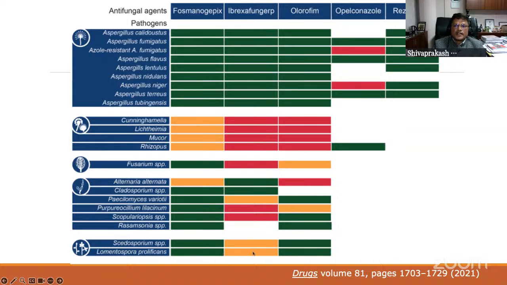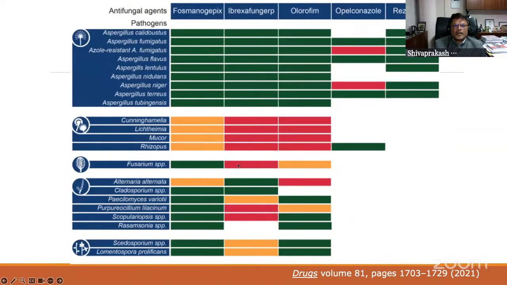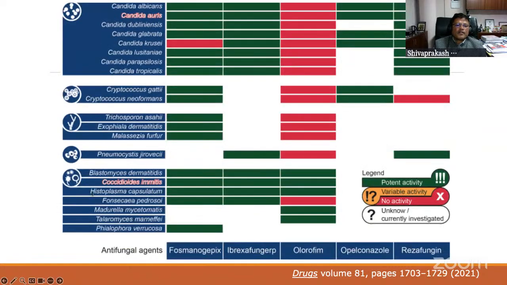Also you can see the extent of the actions of fosmanogepix: Candida, Trichosporon, and also the dimorphic fungi. It is effective against most of the fungi except Candida krusei. Ibrexafungerp may not act on some of these, but it has a very good effect on all the dimorphic fungi also.